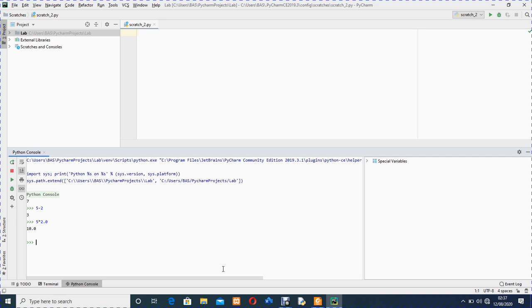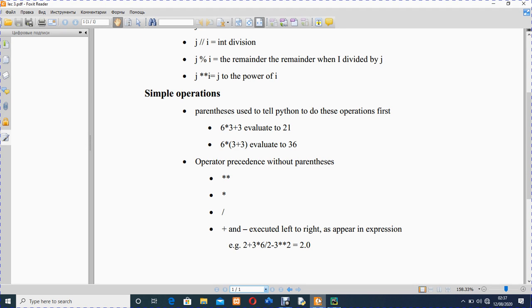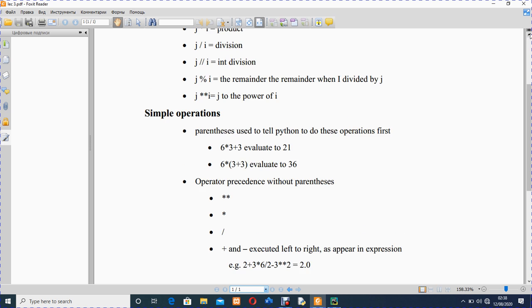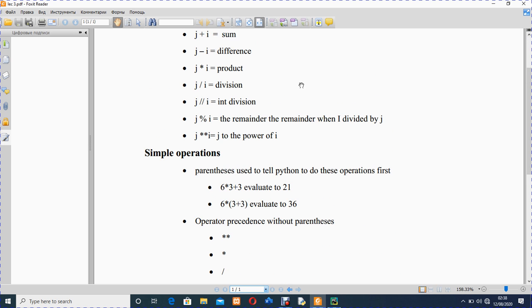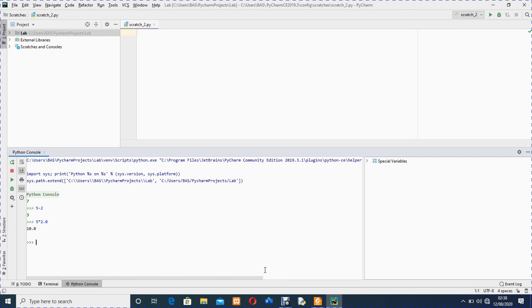Then the next one, let me take it according to what I have here. I did the product, next is division. 5 over 2 is 2.5. Now I want to show the differences between single slash and double slash for the division.